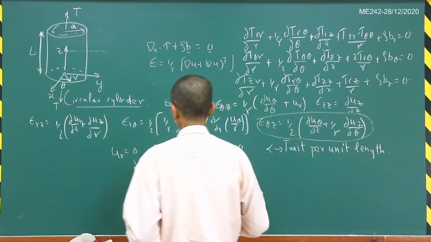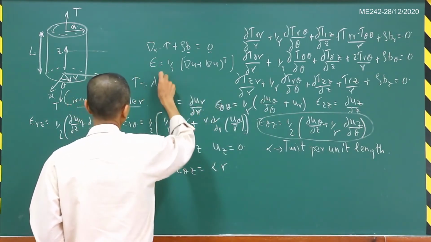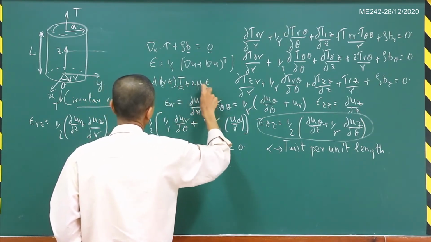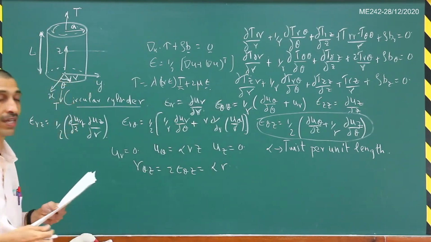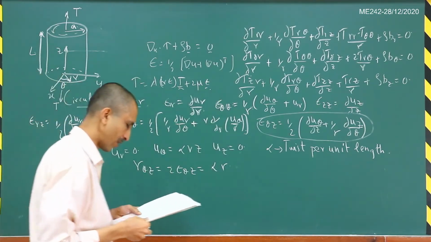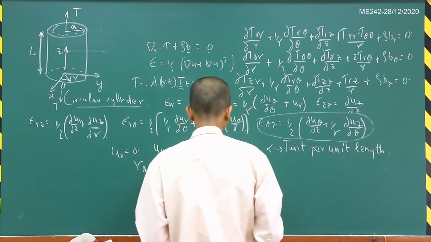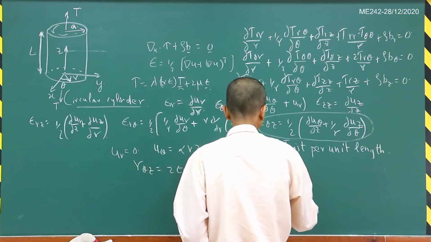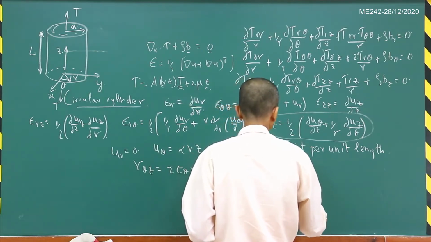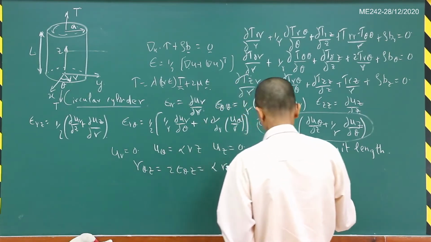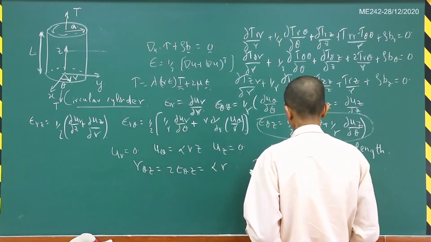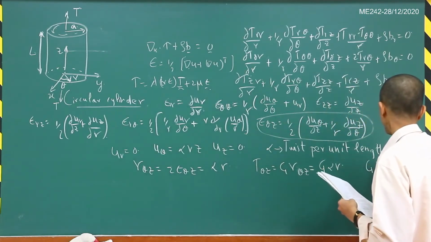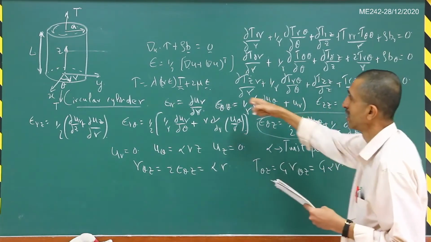And then from the constitutive relation, lambda trace of epsilon times identity plus 2 mu times epsilon, we will see that tau_theta z is the only non-zero stress component, right? So you will get that tau_theta z is equal to G times gamma_theta z, which is equal to G times alpha times r. This G is the same as mu. Mu is this Lamé constant here.